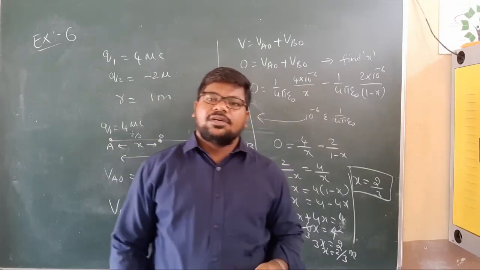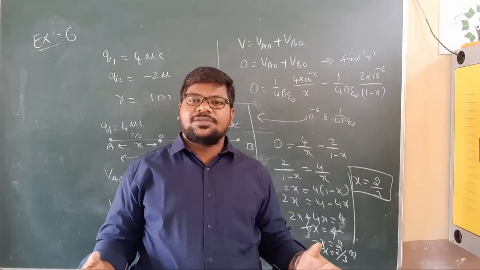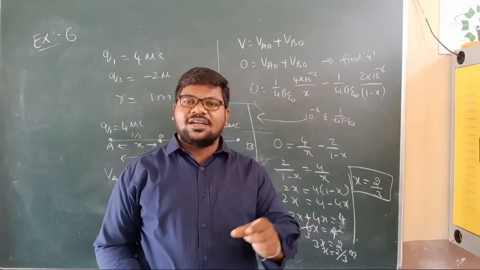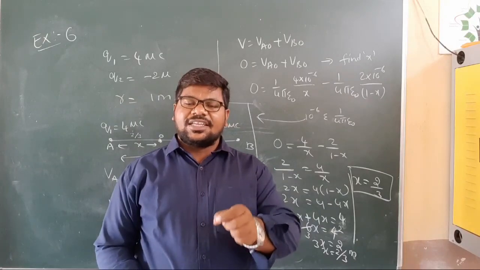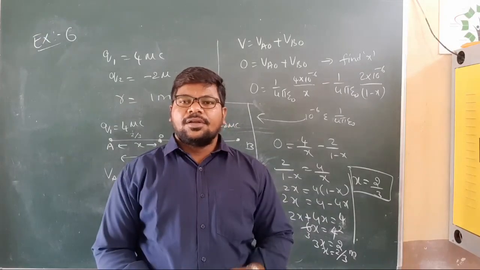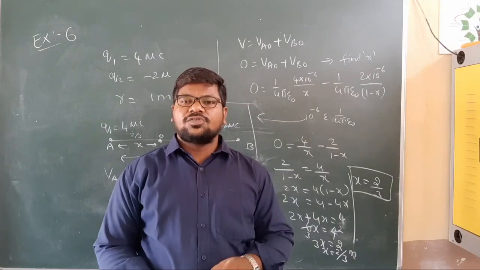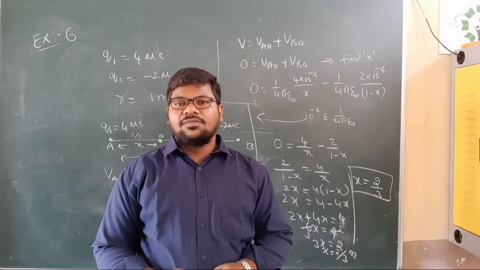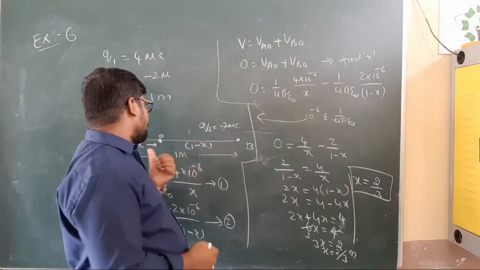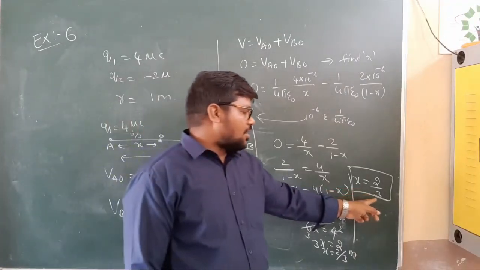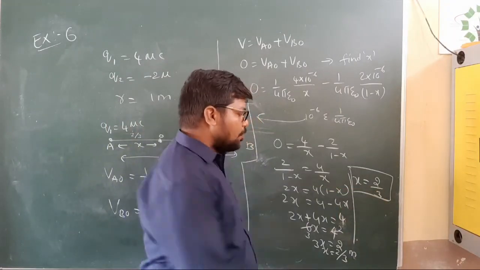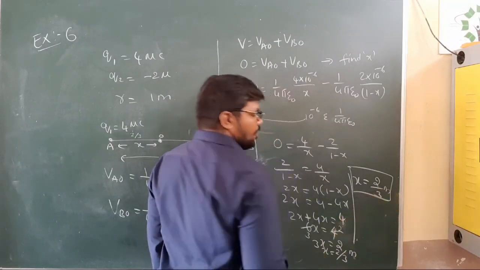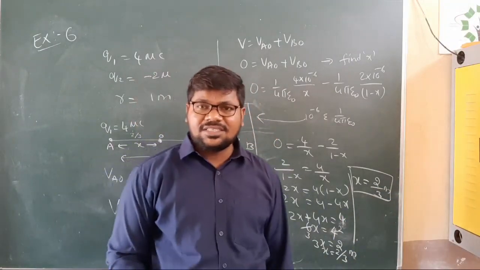The question is, consider two charges. We have to place another test charge between them at a point where the total electrostatic potential is 0. So at 2 by 3 meter, we get the electrostatic potential as 0.